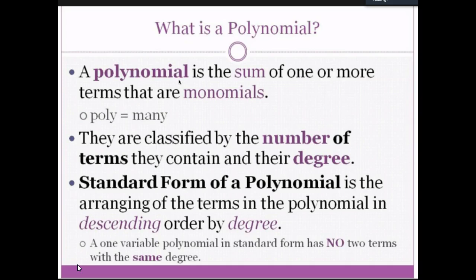Standard form of a polynomial is the arranging of the terms in the polynomial in descending order. A one-variable polynomial in standard form has no two terms with the same degree.